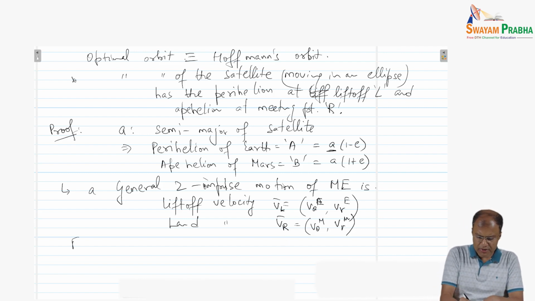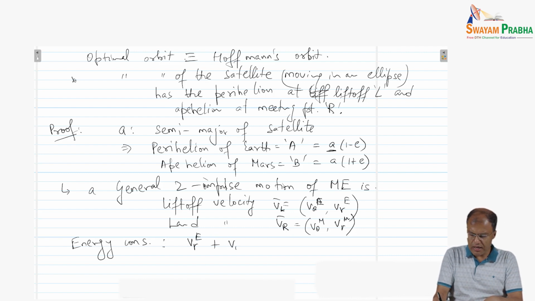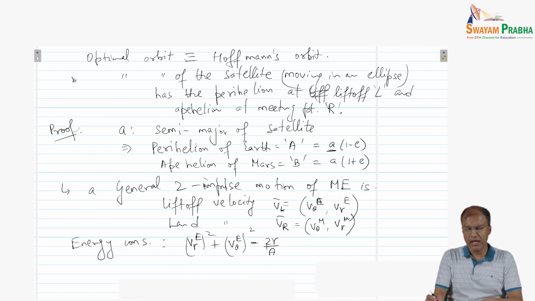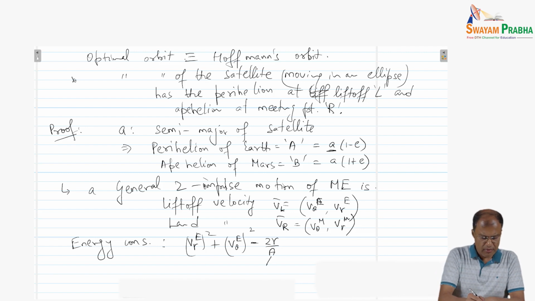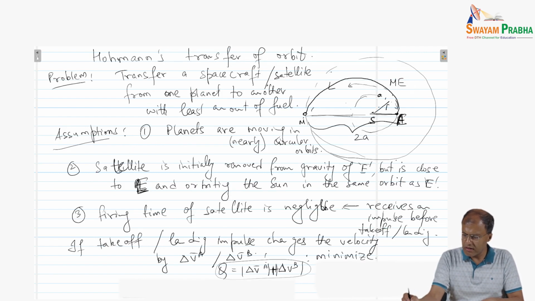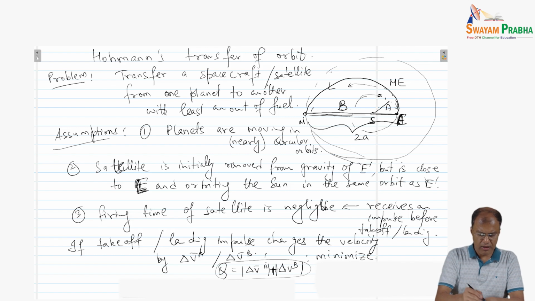Now from energy conservation, I see that VR of E whole square plus V theta of E whole square, which is my kinetic energy during liftoff, minus 2 gamma by a, the potential energy at liftoff, a being the radius, the distance from the Sun.